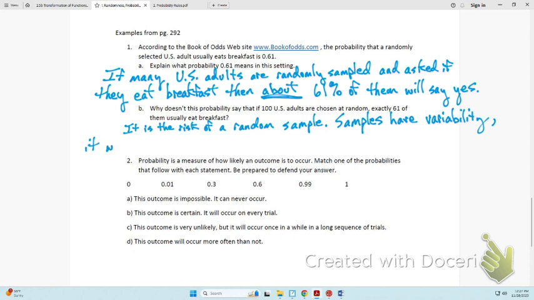It will be close to 61, but probably not exactly 61.